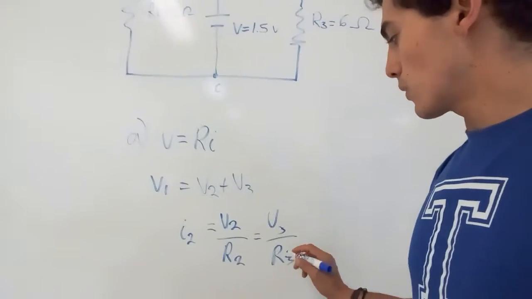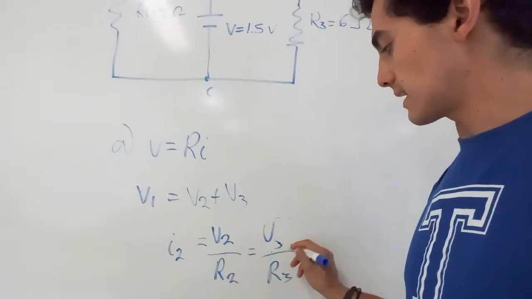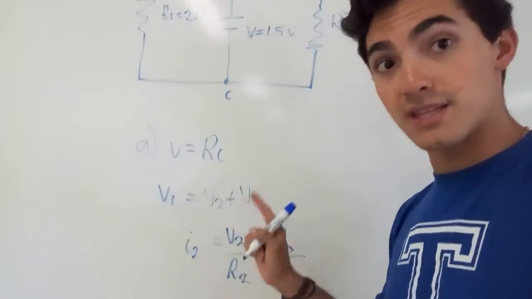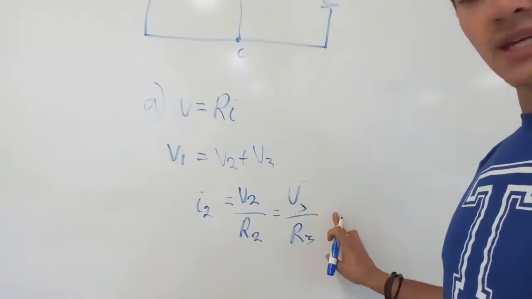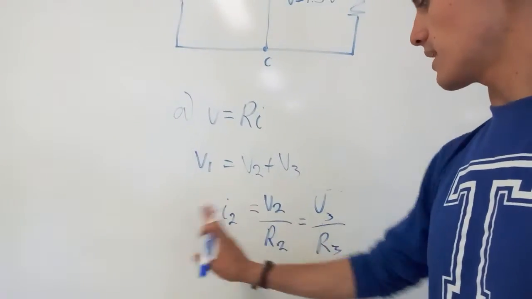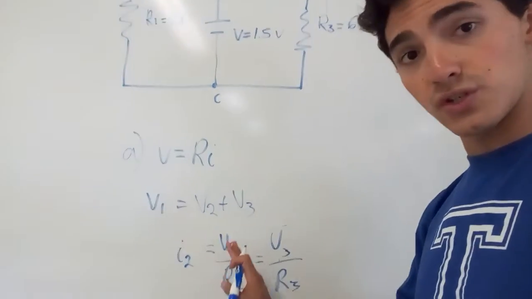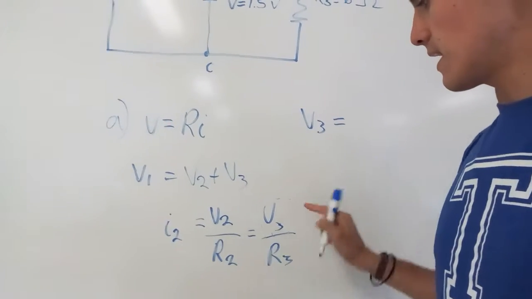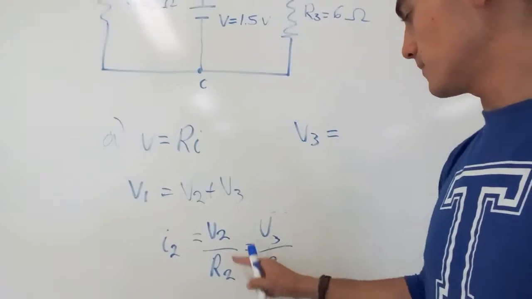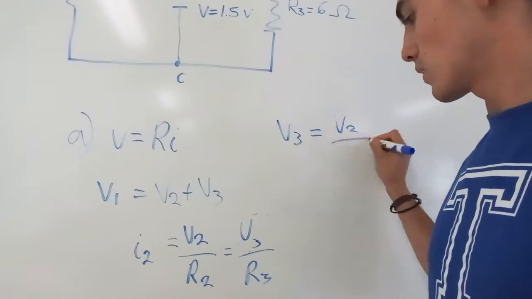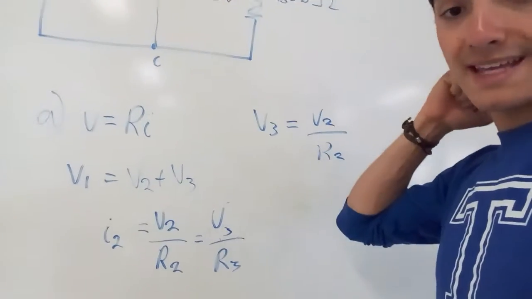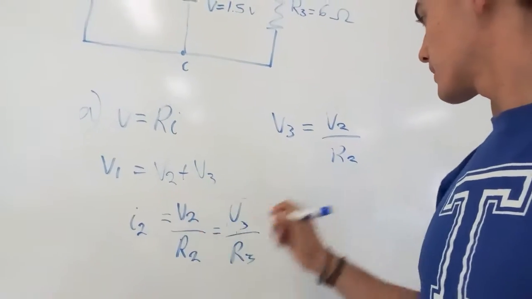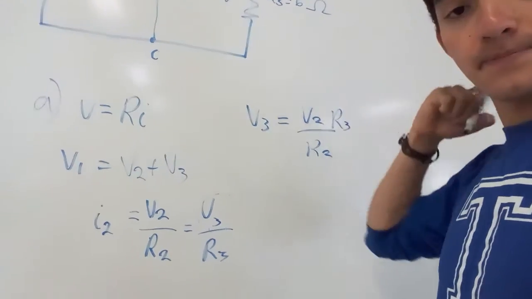Once we know this, we can take this out of the equation in order to obtain first the voltage in 2. So for obtaining it, we can cancel this part and we use these two terms. So we can say that the voltage in 3 is equal to the voltage in 2 over the resistance in 2 times this part that goes up, the resistance in 3.